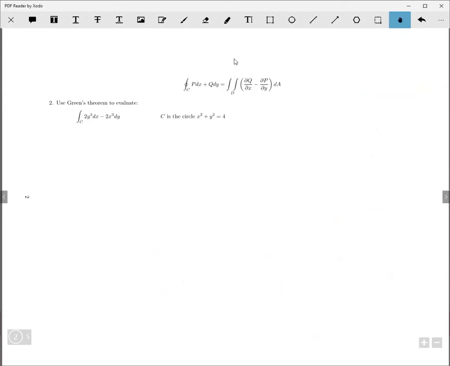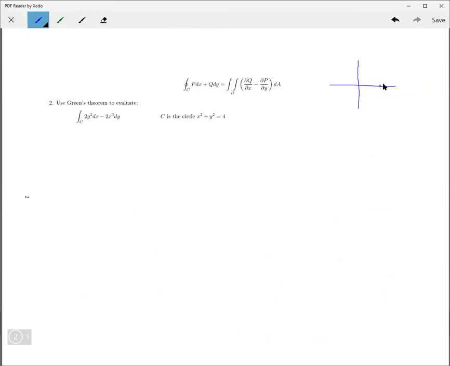Okay, so Green's theorem, which I've copied down here on number 2. Use Green's theorem to evaluate this integral, where C is the circle x squared plus y squared equals 4. So you're integrating over this circle here.